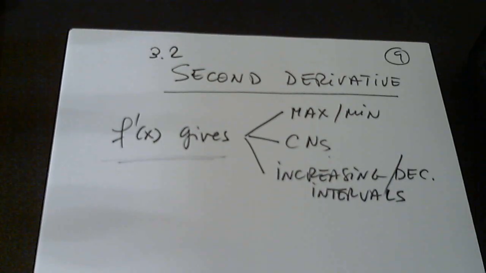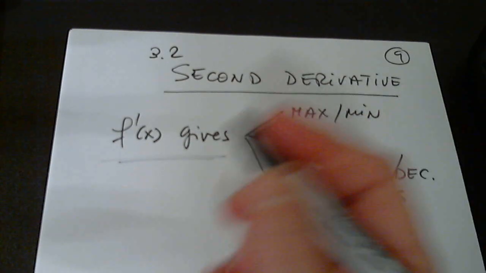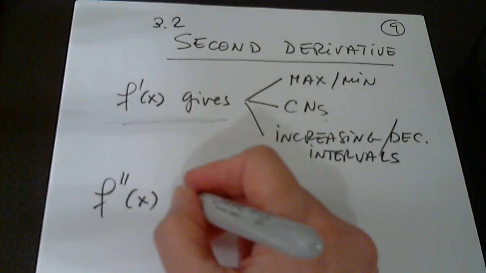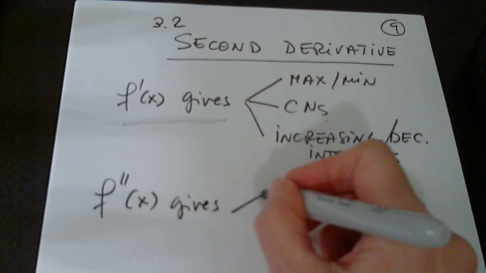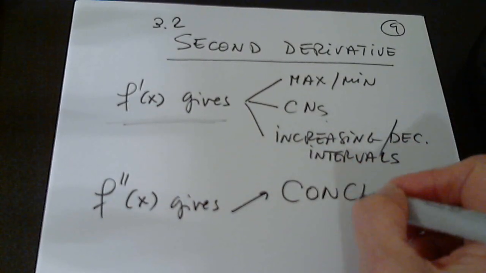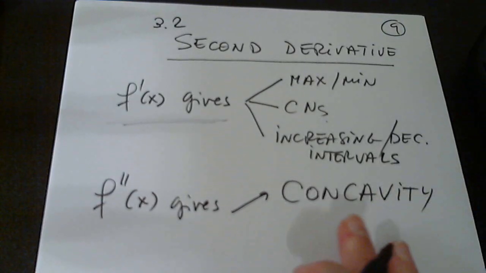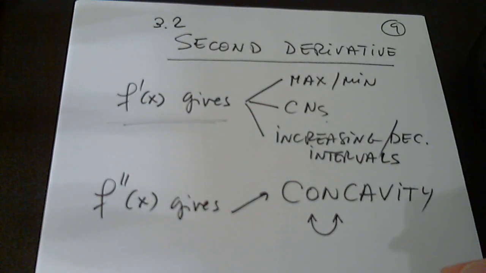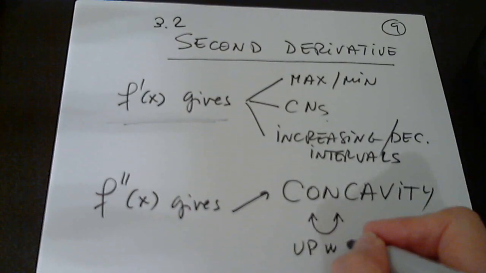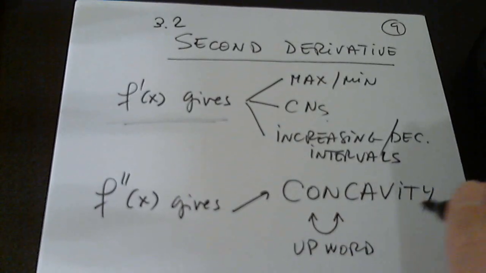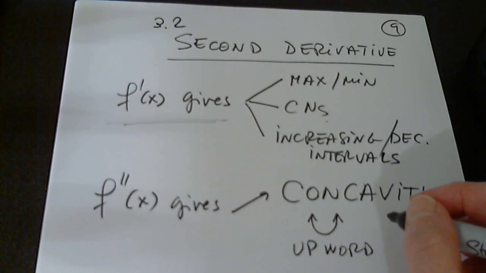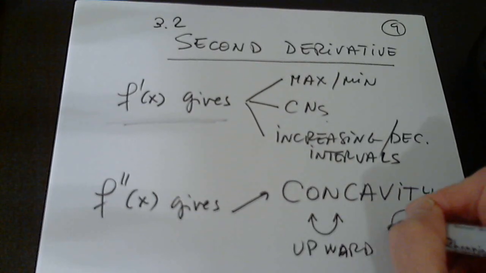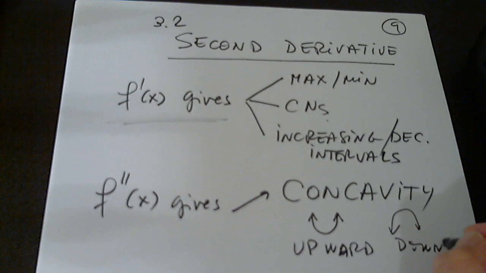Okay, so what's the deal with the second derivative? The second derivative gives concavity. What does this mean? If the function holds water, concave upward, and concave downward.